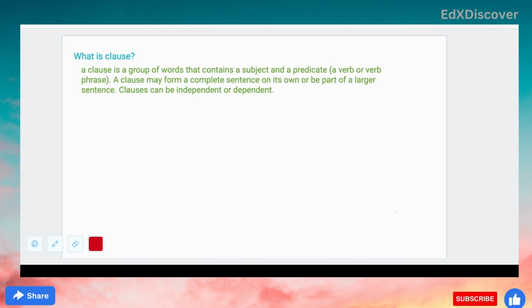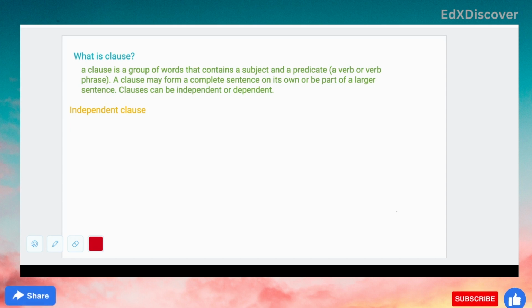So first, an independent clause. It is also known as main clause. And dependent clause, we can call it a subordinate clause. This independent clause can stand alone as a complete sentence and it expresses a complete thought.